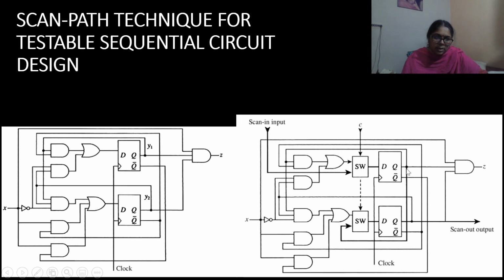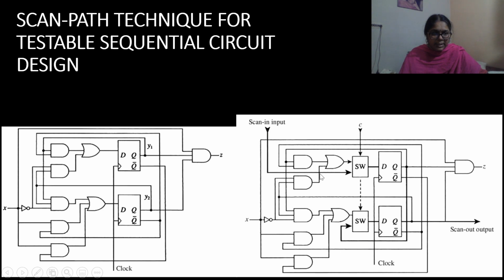And here you can see the second switch, that is the second 2:1 multiplexer, output of which is connecting to the second D flip-flop. You can see that the second input is the output of the first D flip-flop. So what does this mean?